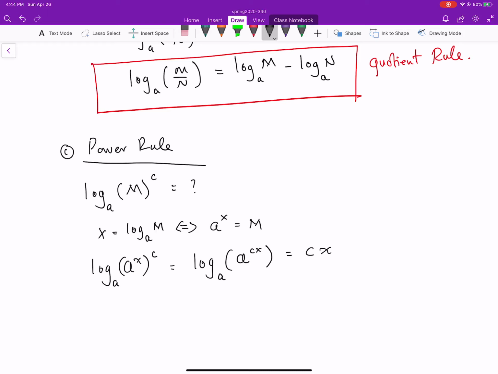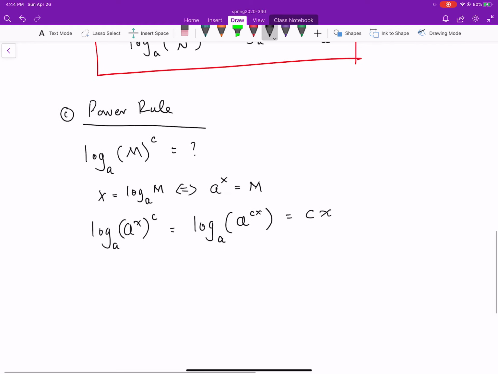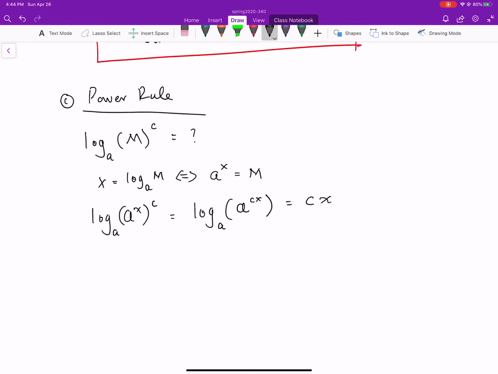So it looks like, well, let me put this over here so that we are very consistent with my definition so far. Okay, so we're saying that log a of m to the c is equal to cx, but cx is the same as c times x, and x was log a of m.